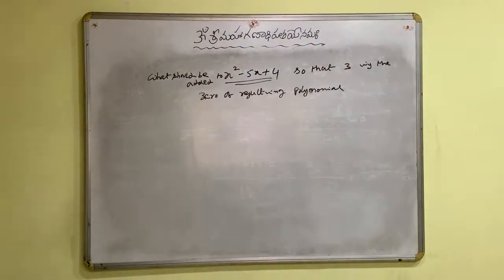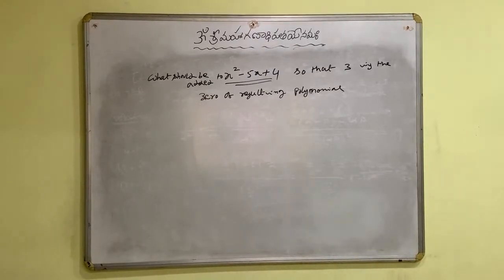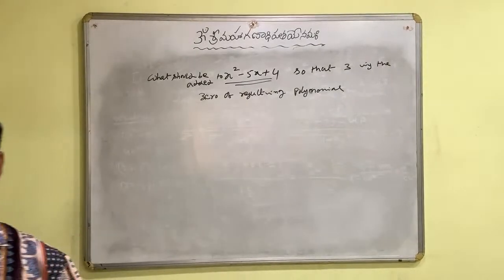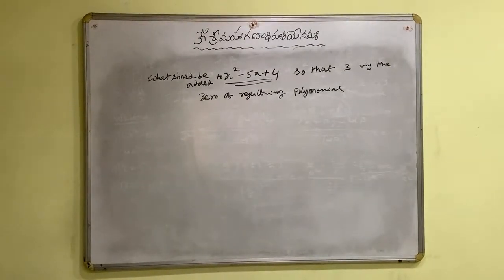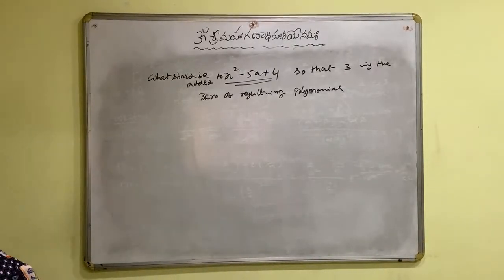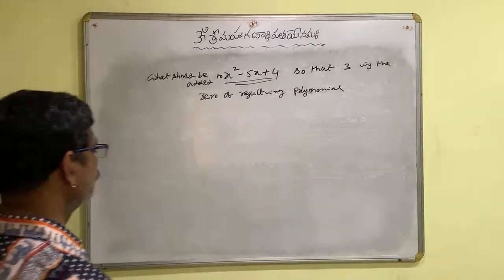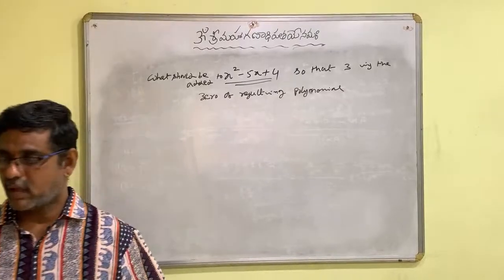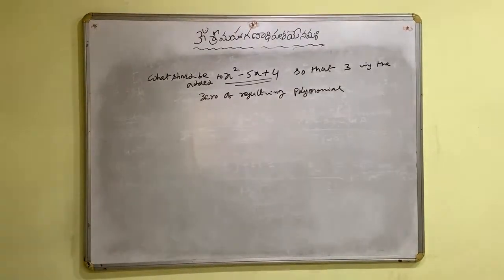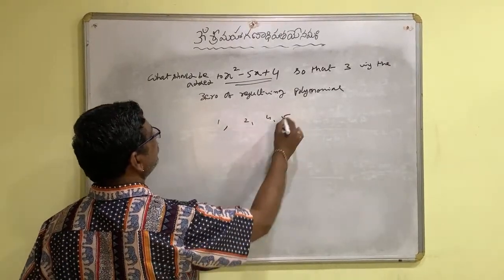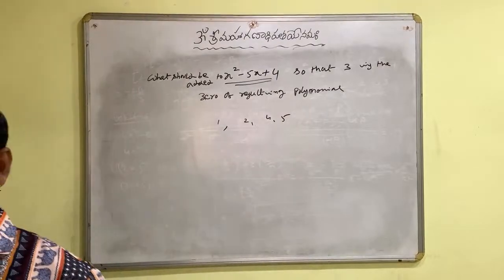That is the question. How to do this? Options 1, 2, 4, 5. Which is right out of these 4?